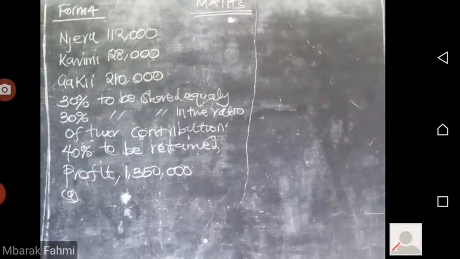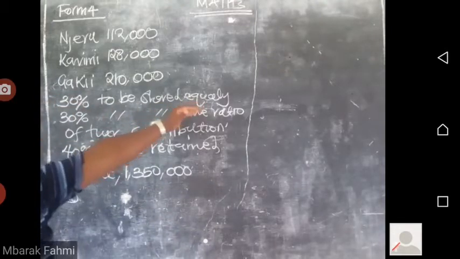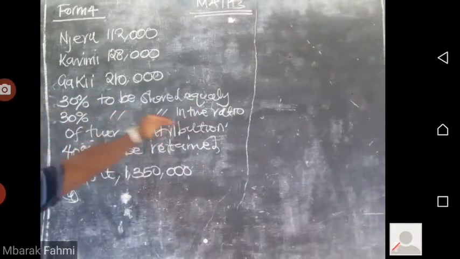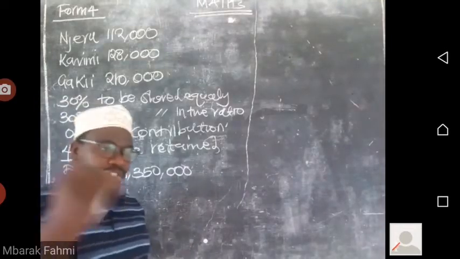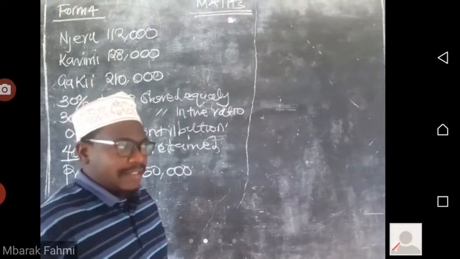Remember, this is how they agreed: 30% to be shared equally, 30% to be shared in the ratio of their contribution, and 40% to be retained. What we are asked here is the 40%, which is supposed to be retained.